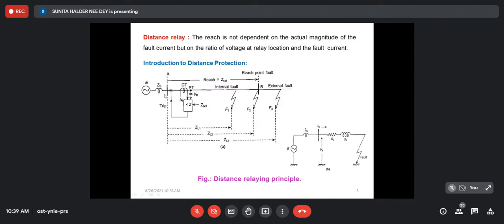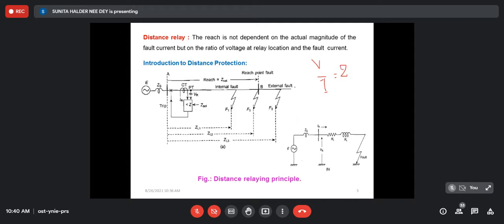What is the philosophy? Say there is a relaying point near the source. In this relay, voltage and current are fed through CT and PT. These distance relays sense or calculate the impedance. If the V by I ratio is less than a particular value, then it will operate, otherwise not. Under normal condition, this V by I will have some value.